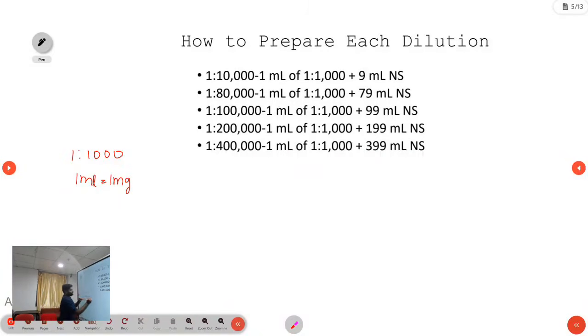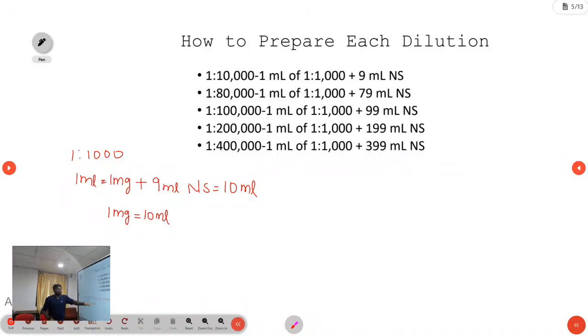When you add 9 ml of NS, the total will be 10 ml. So now it is 1 mg in 10 ml.